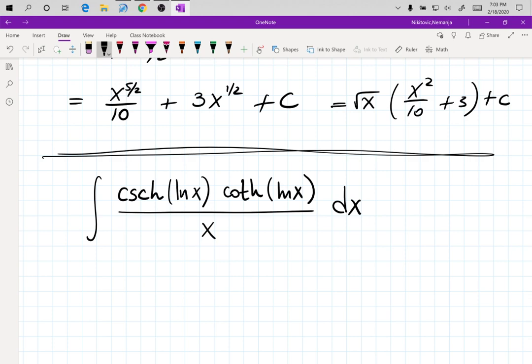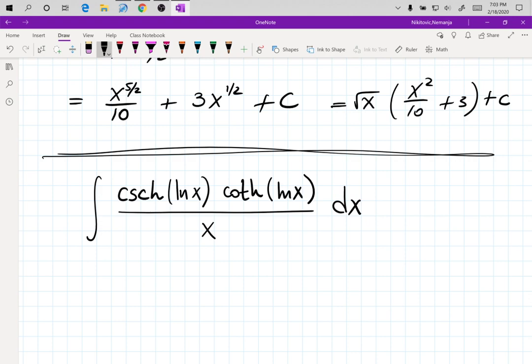Do I have a function and its derivative present? And if I do, I should be able to squeeze in a u-sub. Later on, this kind of thinking is going to help you distinguish u-sub problems from by-parts problems.